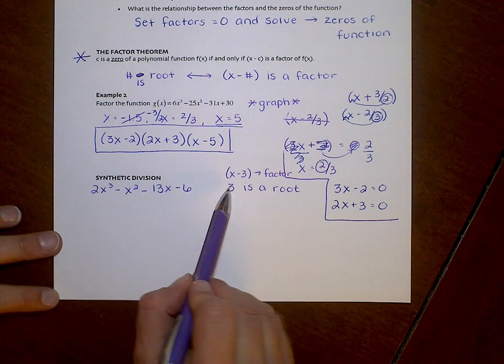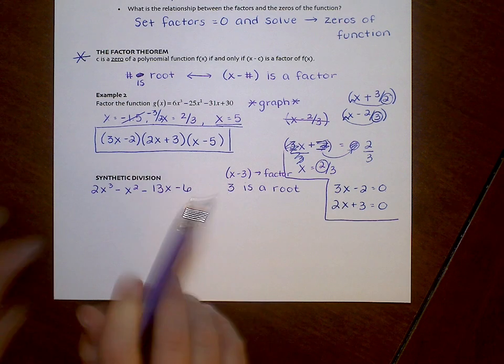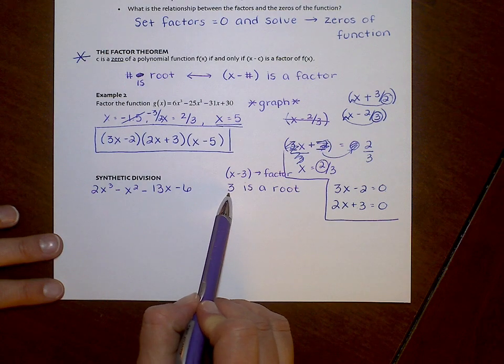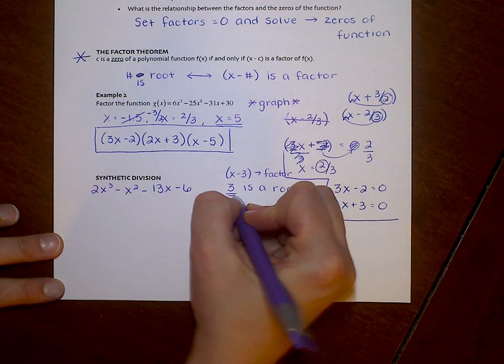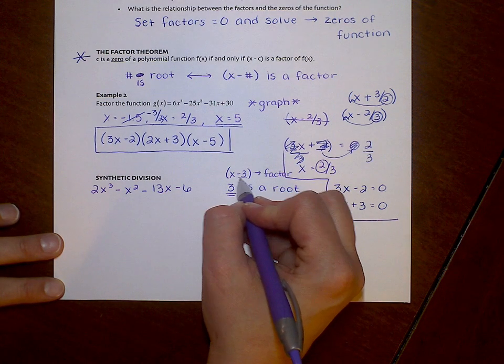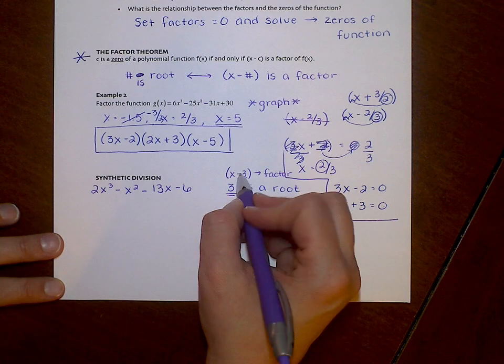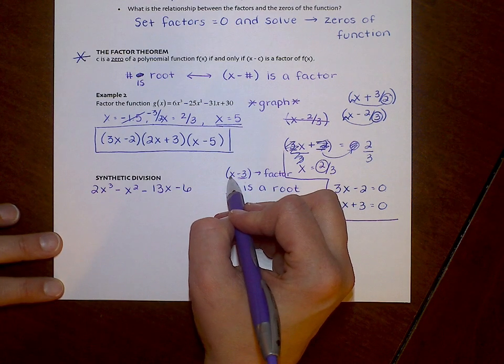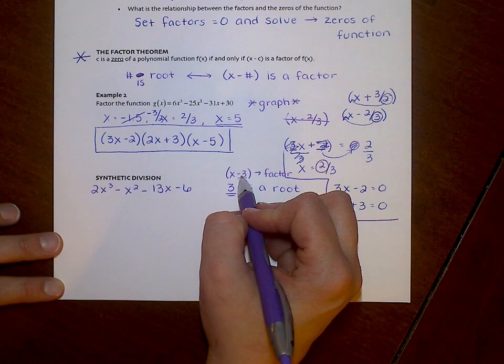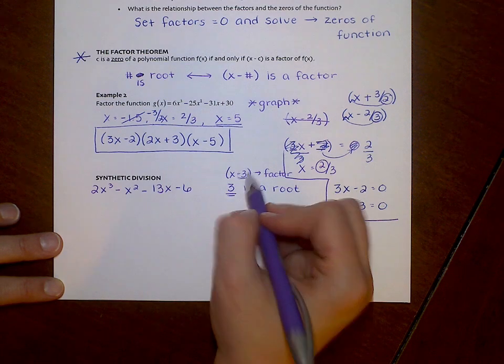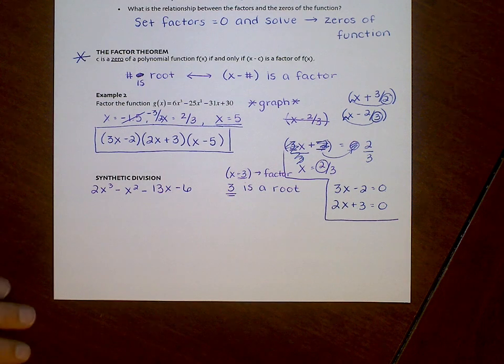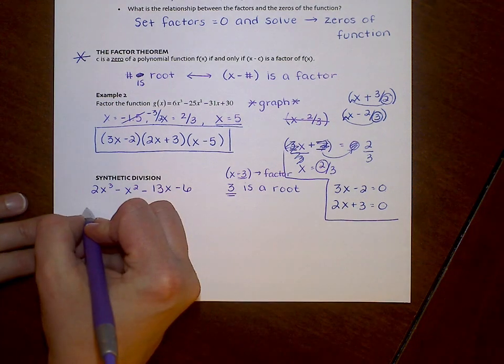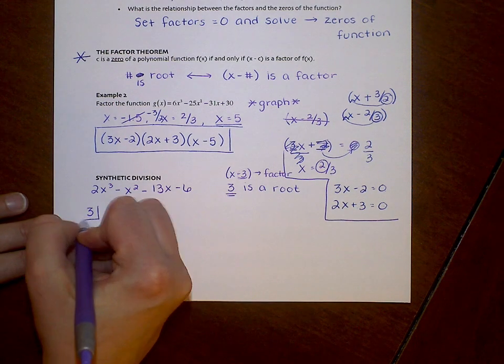So I'm going to start with the root number. Now this is important for synthetic division, that you're using the actual root, not what you're seeing up here. See how this is negative up here? Remember that your factors are always x minus the root number. So you always have to pull this number out as the opposite of what you're seeing in the factor. So I'm going to take that 3 and I'm going to put it here.